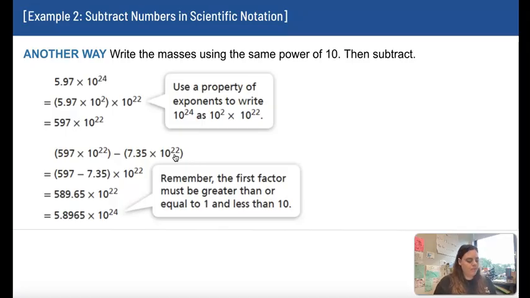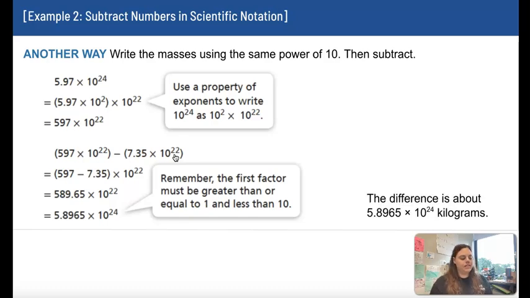So now we have properly rewritten this in scientific notation, and while this might look like more work, you are going to have a lot less room for errors or mistakes than if you did it the other way. So this makes it more efficient and limits the amount of mistakes you could possibly make. The difference is about 5.8965 times 10 to the 24th power.